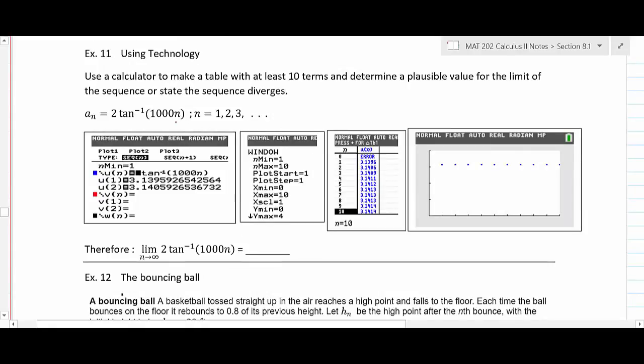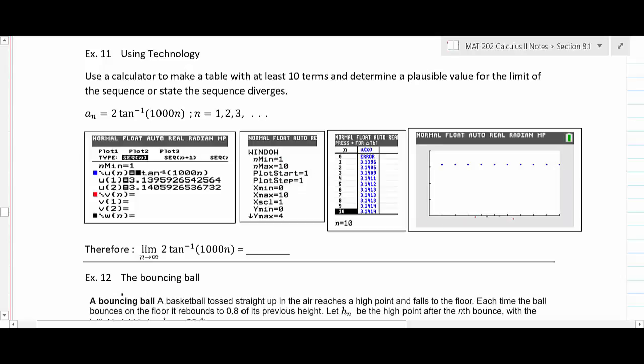So what I did on this one is I put in the sequence, the inverse tangent of 1000 n, like that. And generally what happens is your calculator sometimes will generate these two things for you. Sometimes you put them in, right? So I put it in like that. Then my window, I'm going 1 to 10.